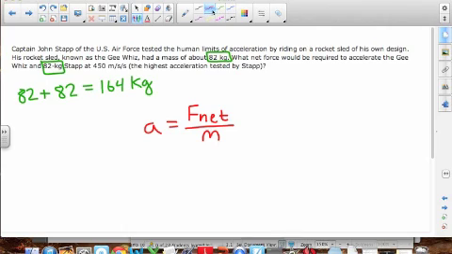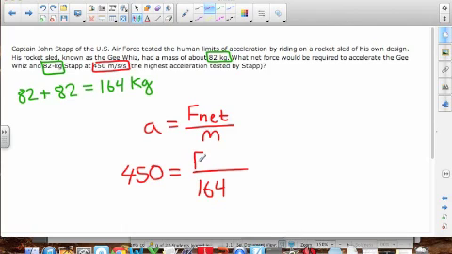So let's go ahead and plug these numbers into Newton's second law. So the acceleration is going to be 450 meters per second per second. So 450 equals, now the mass is 164 kilograms. This is, again, the mass of Captain Stapp plus his rocket sled.